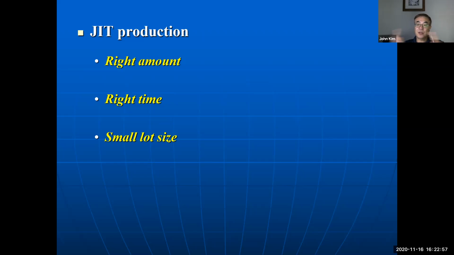So the focused factory network makes this right amount, right time, and smaller size possible. And then they can achieve low or virtually no inventory.